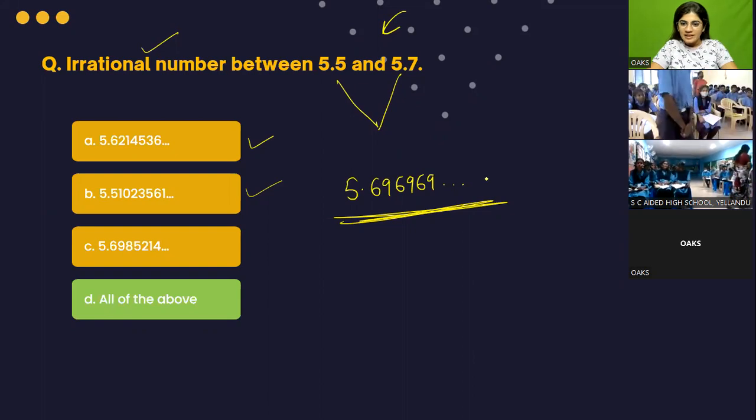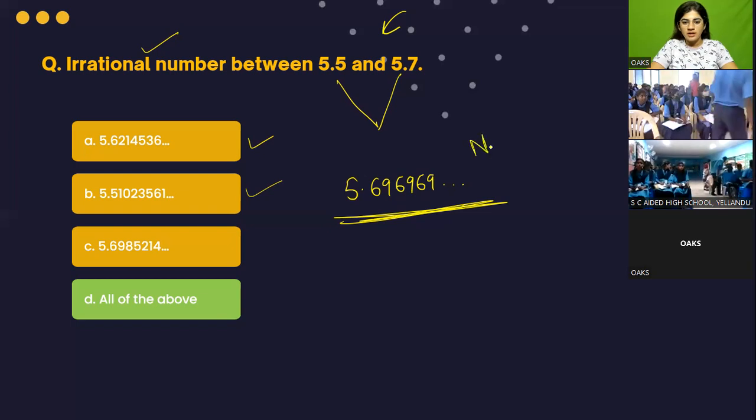Madam, is this an irrational number between 5.5 and 5.7? No, madam. Why? Can you tell me why this is not an irrational number? I am not able to listen. Okay, you can just sit down.